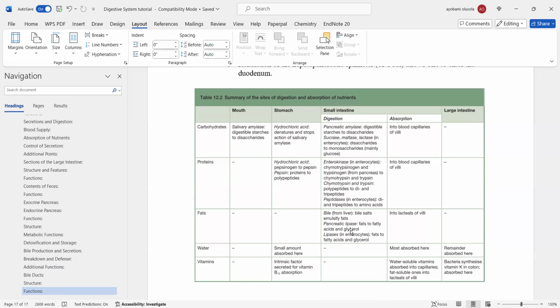Bile from the liver emulsifies fats, then pancreatic lipase converts fat into fatty acids and glycerol. Then they are absorbed into lacteals of the villi. These lacteals are lymphatic vessels in the small intestine.